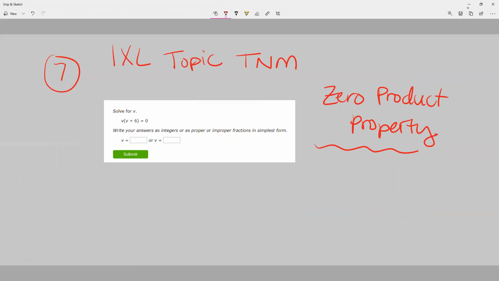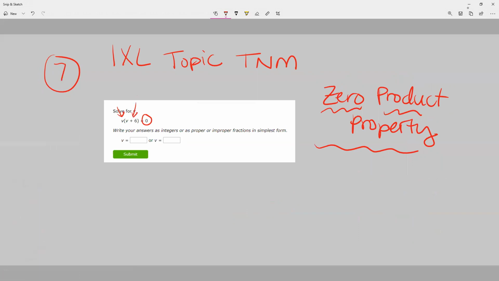But what we are going to talk about is this thing called a zero product property. So this is a rule in math. That's why it's called a property. And really all it says is if you're multiplying two numbers together and it equals 0, then one of these numbers must be 0. So either v is 0 or v plus 6 is 0.